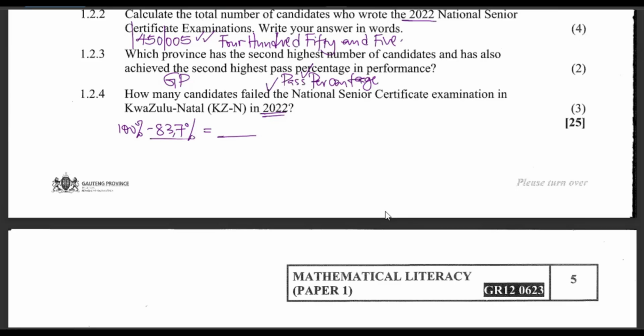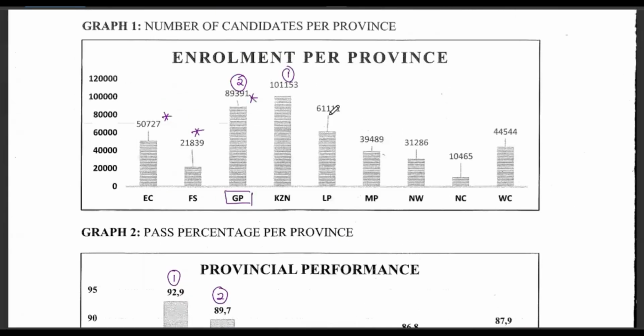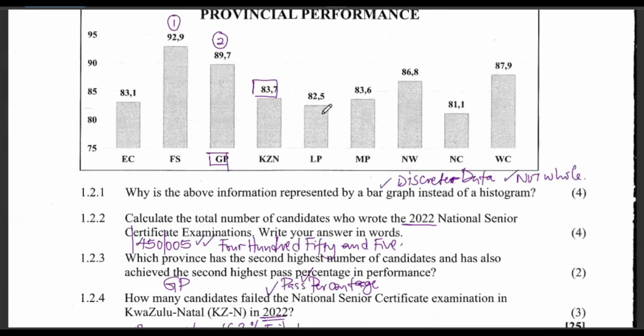So we do 100 minus 83.7, which gives 16.3%. These ones failed. So we take 16.3 over 100 times the number of people who enrolled in KwaZulu-Natal, which is 101,153.